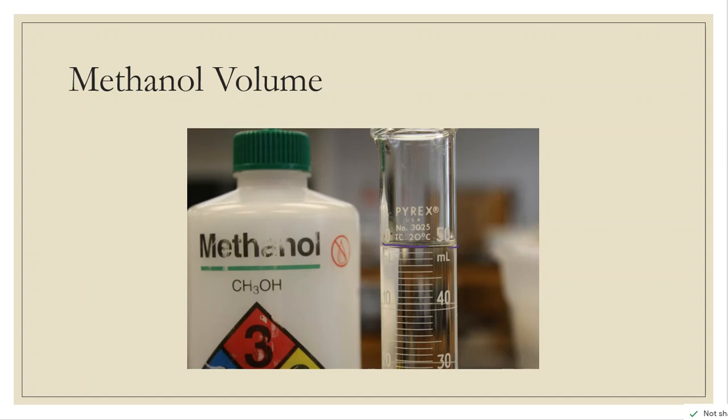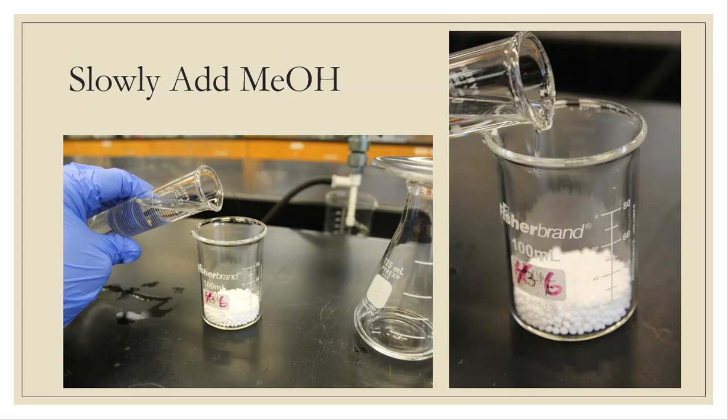The bottom of my meniscus is about on that 50 mil mark. Again, this is not exact. I need to be fully exact with my alkanes, but not necessarily everything else that goes into this. So as long as I'm close, we're good. So 50 mils in total, and then I'm going to dump all of the 50 mils into that beaker that contains that urea, and I'm going to slowly mix these two things up.